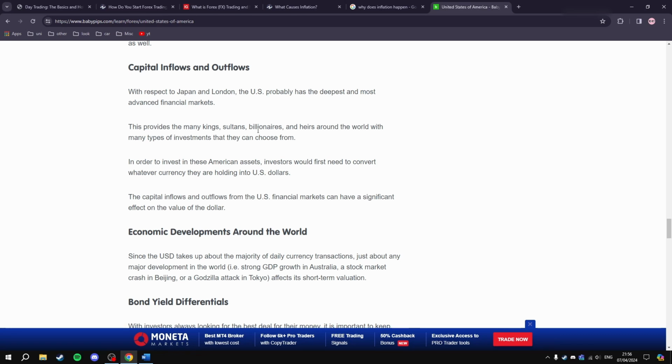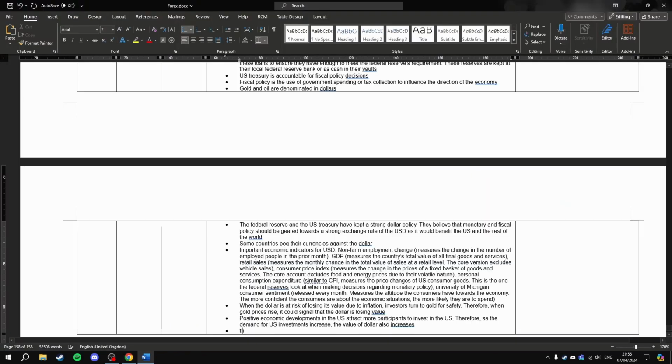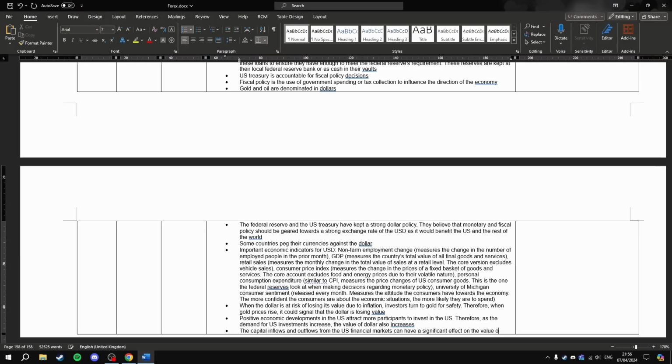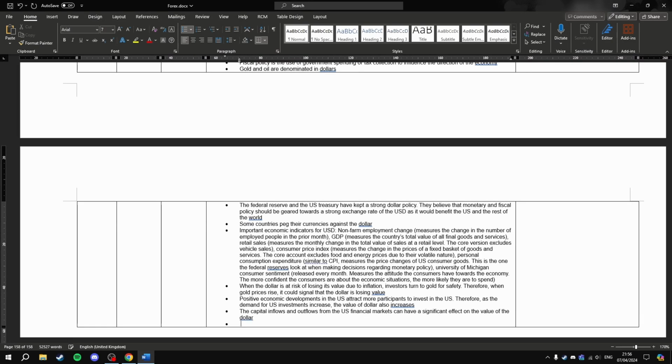The capital inflows and outflows from the US financial markets can have a significant effect on the value of the dollar.